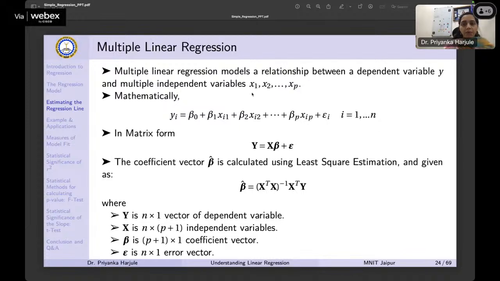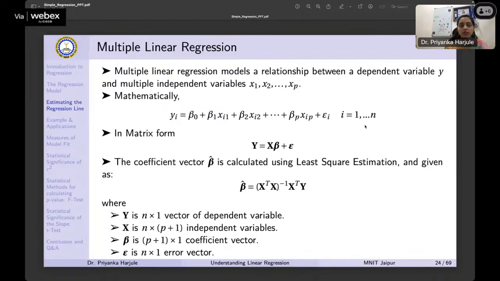In this case, we have taken p independent variables, and your regression equation becomes yi is equal to beta naught plus beta 1 xi1 plus beta 2 xi2, and so on, plus beta p xip, plus the error term, which accounts for the unexplained factors, where yi is basically the observed outcome for the ith data point.